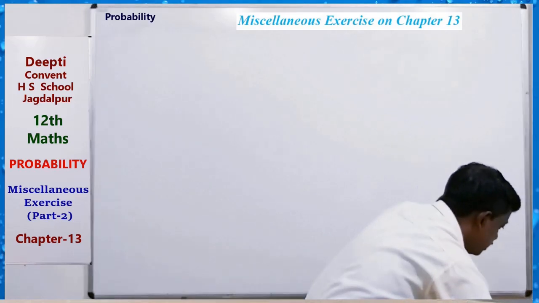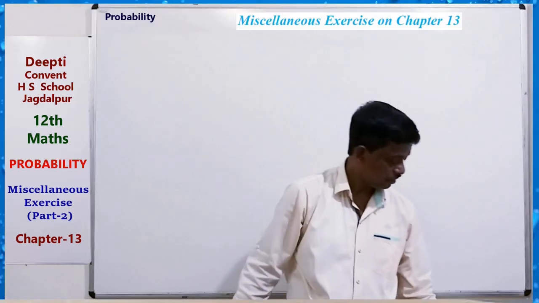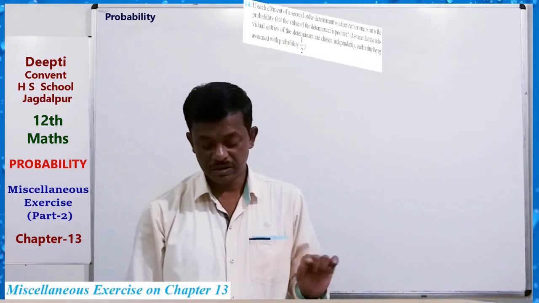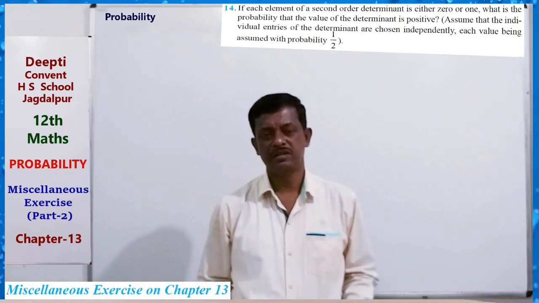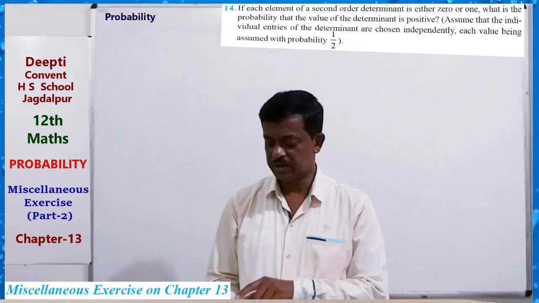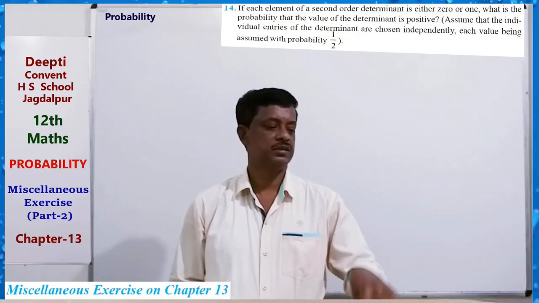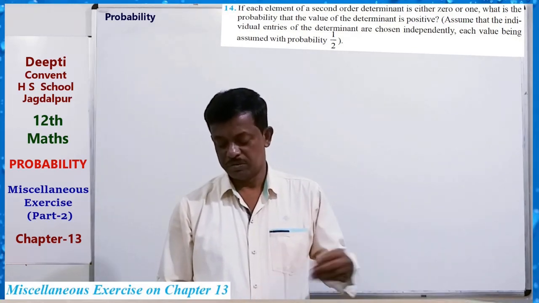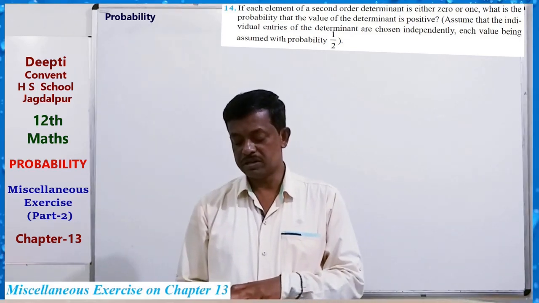So here, question 14. What is question 14? If each element of a second order determinant is either 0 or 1, what is the probability that the value of the determinant is positive?